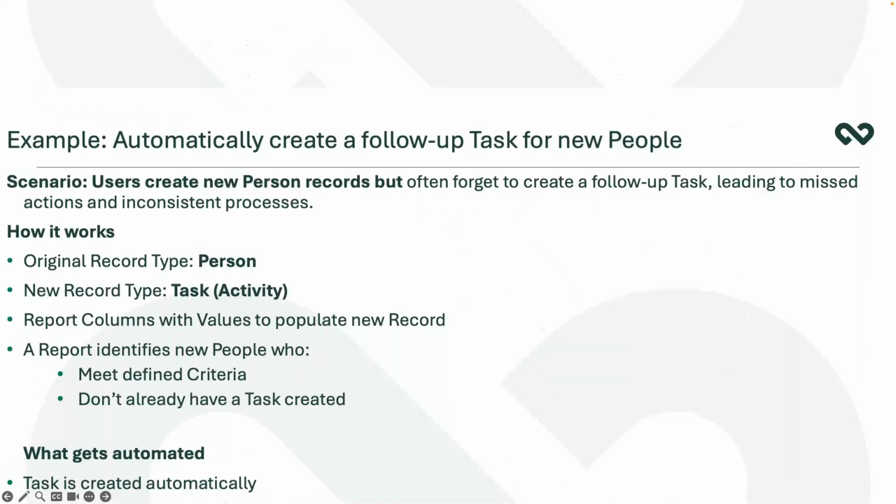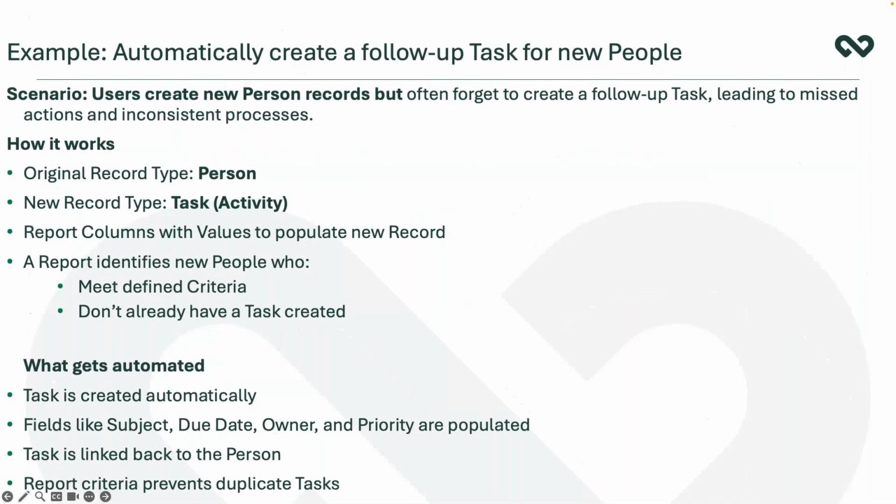For our product demo of how to set up a record creator, I will be using the following example of automation creating a follow-up task for new people created today. So the scenario is users create new person records but often forget to create a follow-up task, leading to missed actions and inconsistent business process.